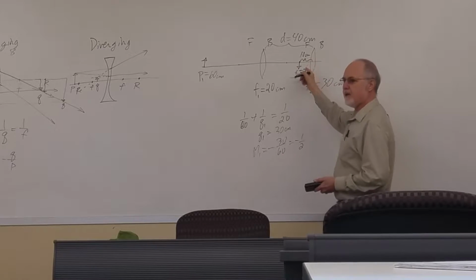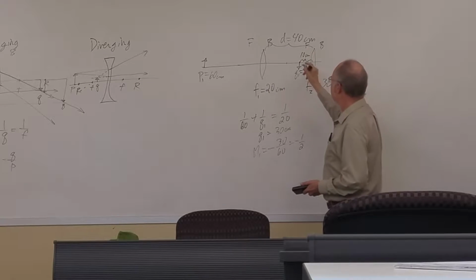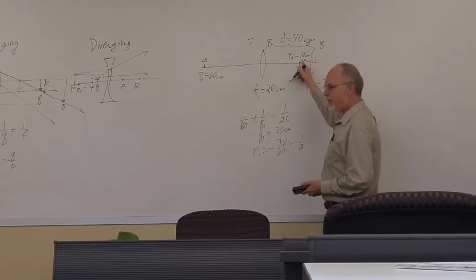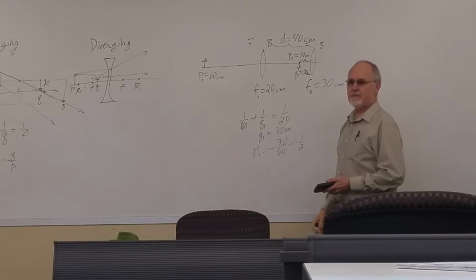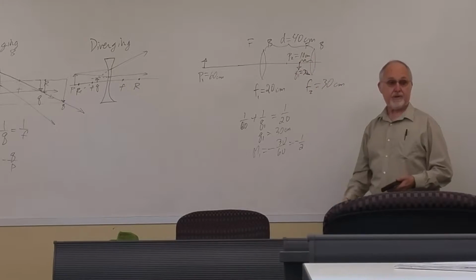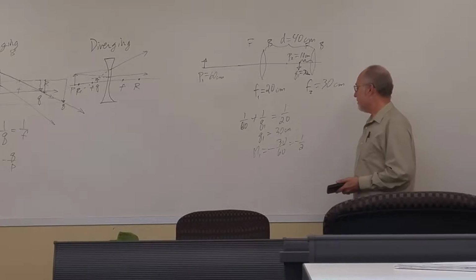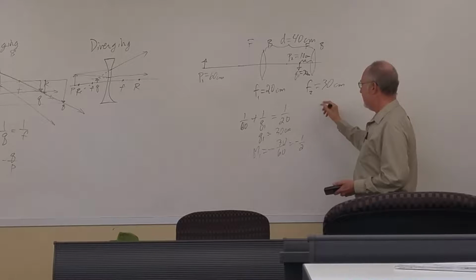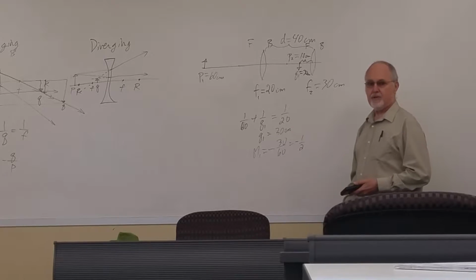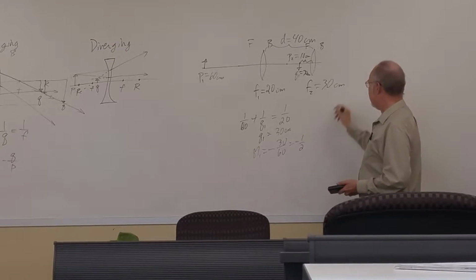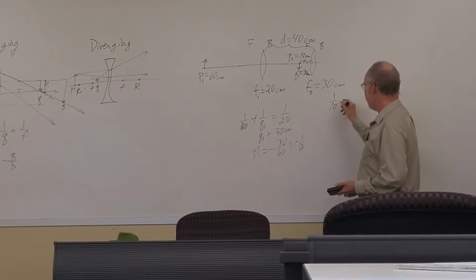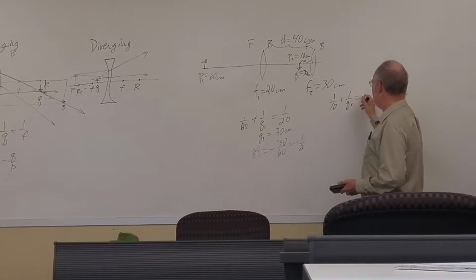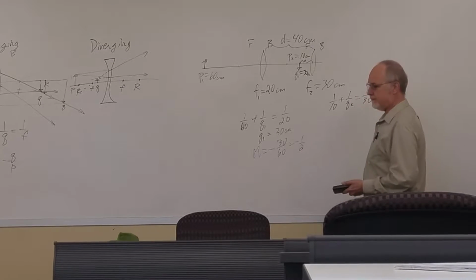But this image becomes the object of the second lens, so that second lens object distance is going to be plus 10 centimeters, since it's on the front side of that lens. So now I can say, well, okay, the second image for the second lens, then is 1 over the second object distance plus 1 over Q2 equals 1 over 30.